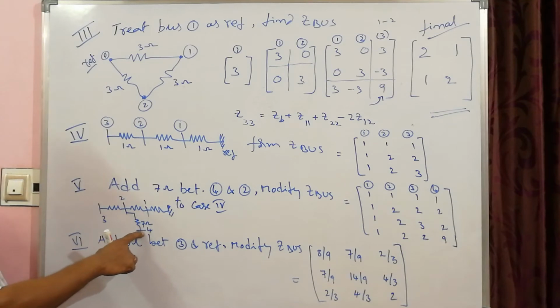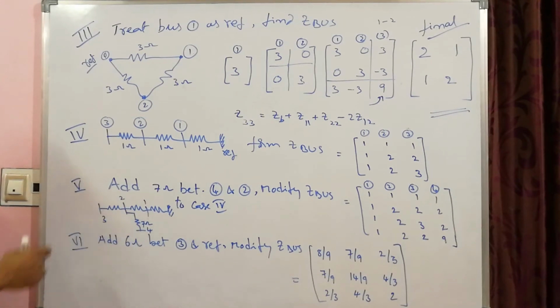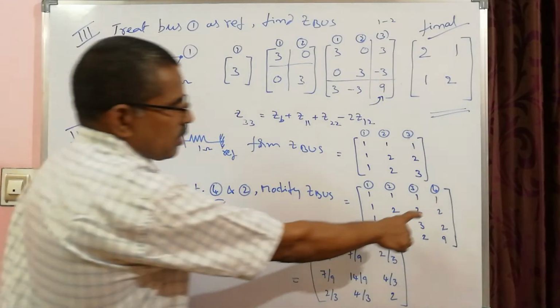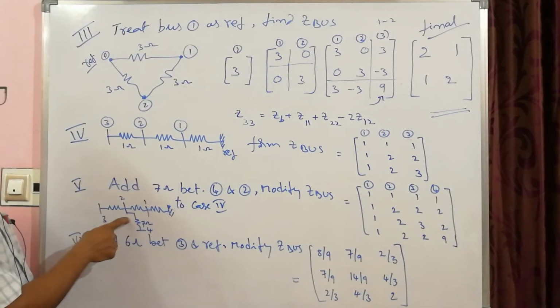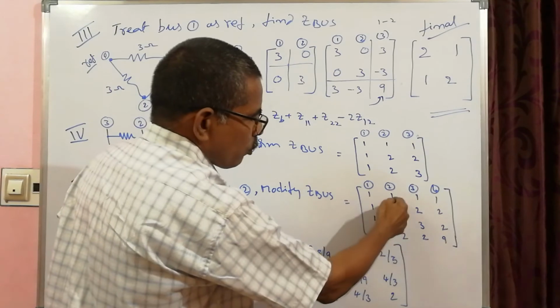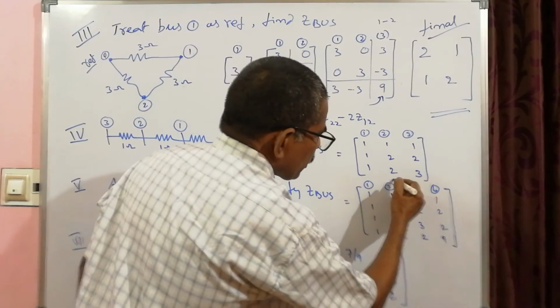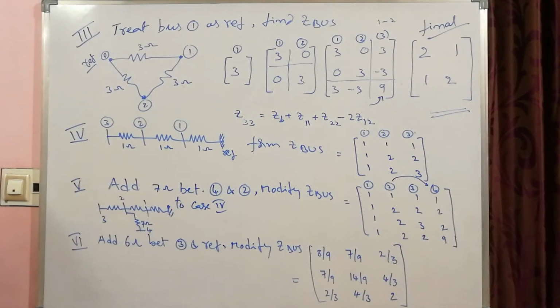So, adding additional bus or adding ZB between new bus to old bus. Okay. So, corresponding modification, adding fourth bus, that is this, to second bus. So, second bus values you need to copy 1, 2, 2. So, just I am marking that. Okay.